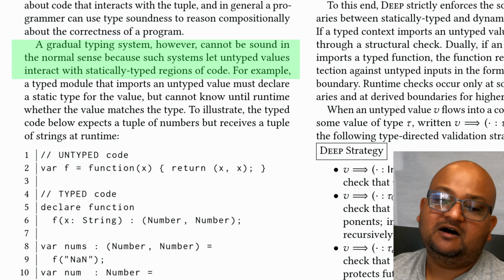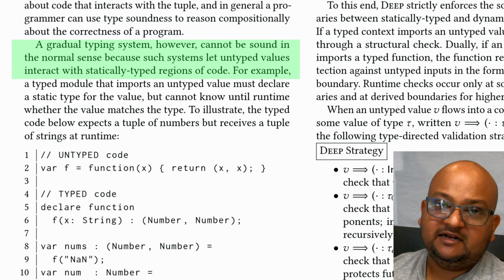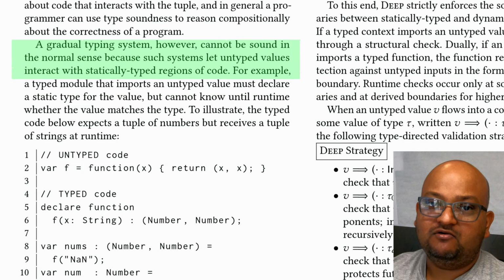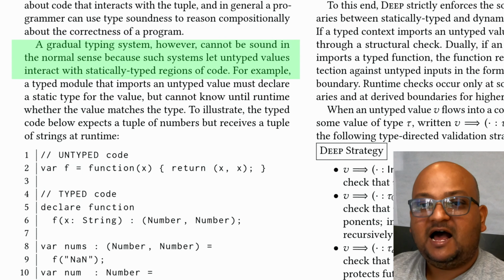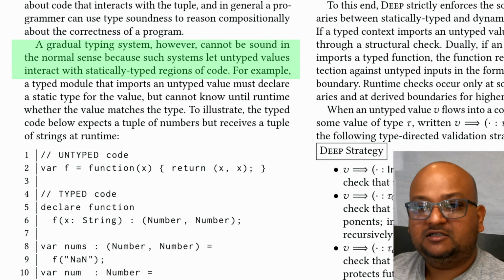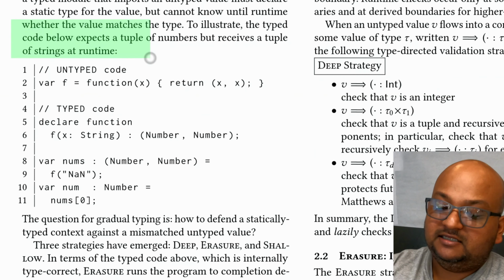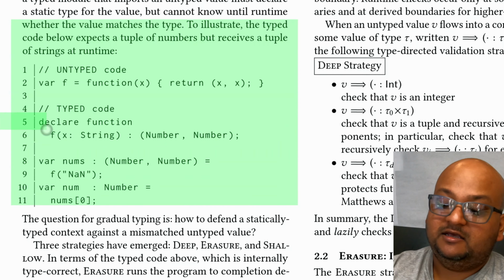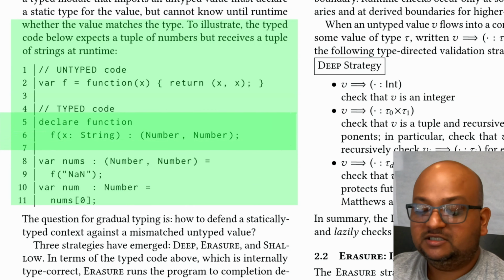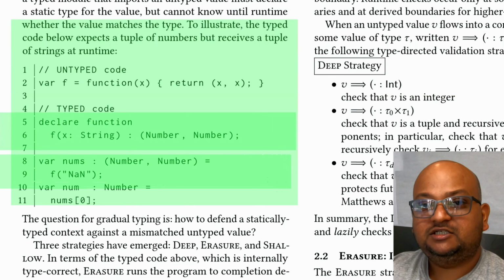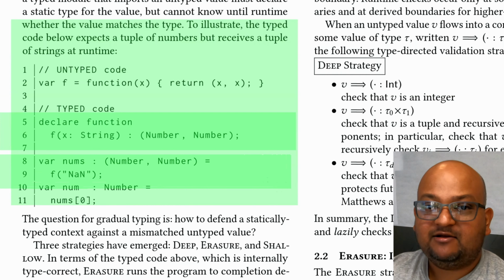And then the question becomes, what happens when a typed value flows into an untyped region of code, or vice versa? How should we interpret the types of a value as they flow across those boundaries? Take this simple example. Here we declare the type of this function to take a tuple of numbers and return a string. What should a gradually typed language do in such a scenario?